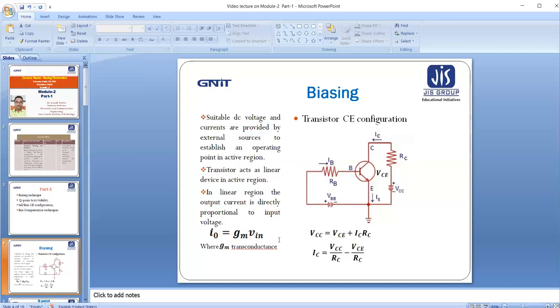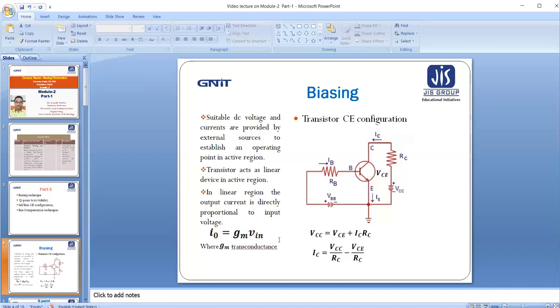Now, if you look at the right hand side of the slide, this is a common emitter configuration. See here, all the electrical quantities are represented in capital letters. So that means these quantities are static quantities, or what are called the DC currents and DC voltages.